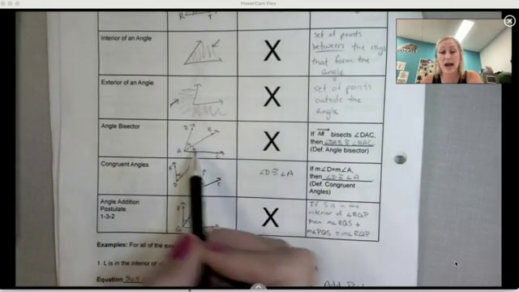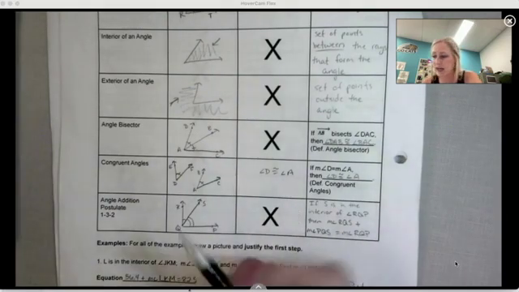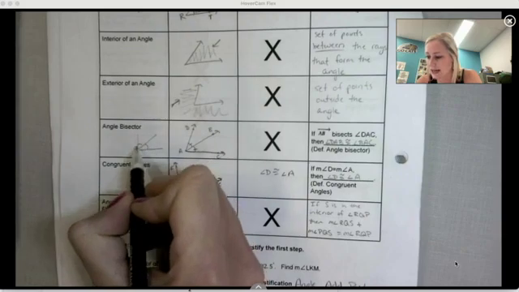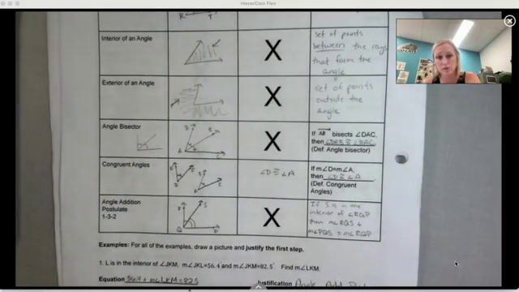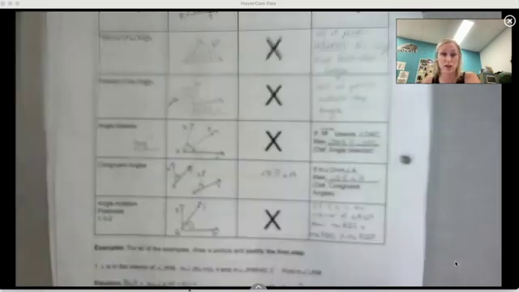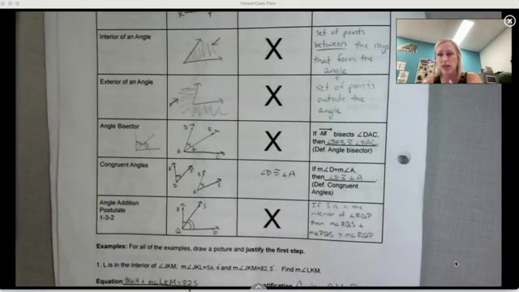So it doesn't have to have the tick marks on it. It can. Another way it could look is it could just do that. And if it's the same number of arcs, that also means congruent. So I might do like 2 arcs and 2 arcs. That means they're congruent as well. As long as it's the same marking on each angle, that's how we know they are congruent.